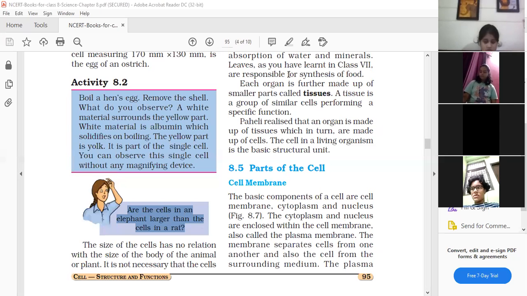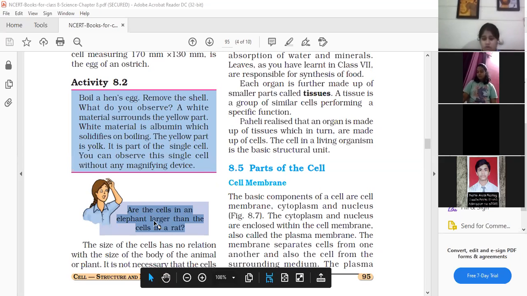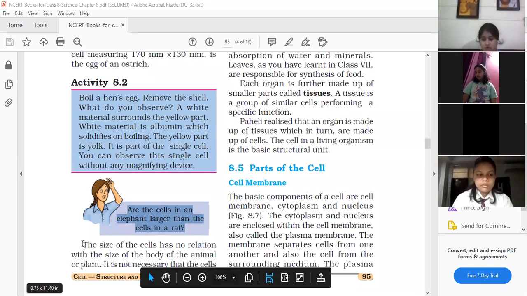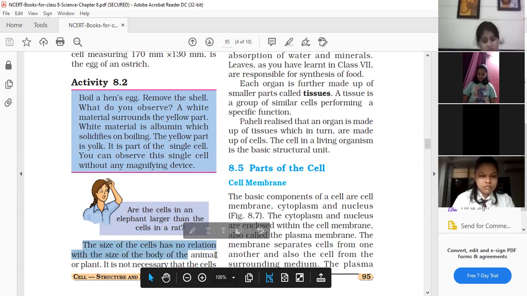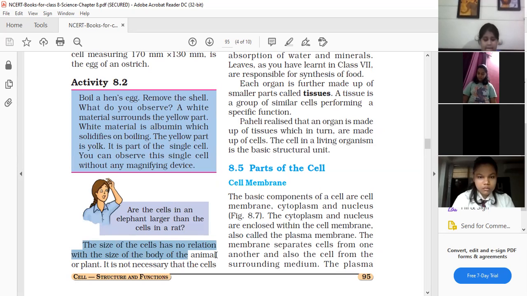Children, please keep in mind that there is no relation. See the first line, what is written? The size of the cell has no relation with the size of the body of the animal. In both animals, elephant and rat, the size of the cells is the same.